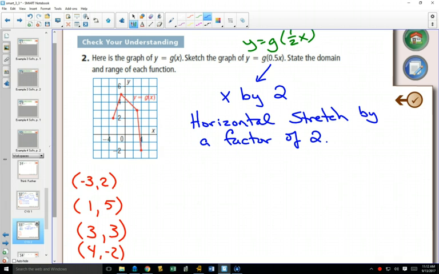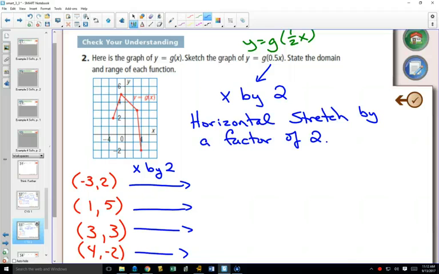We will put the arrow for each of these points, and above this arrow we describe what we're going to do. In this case, we're going to multiply our x values by 2. It's just a nice reminder to check that. Because if the inside is a half, this number right here is always the reciprocal.